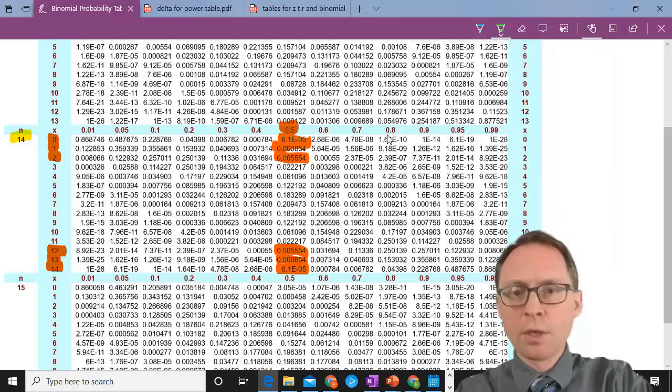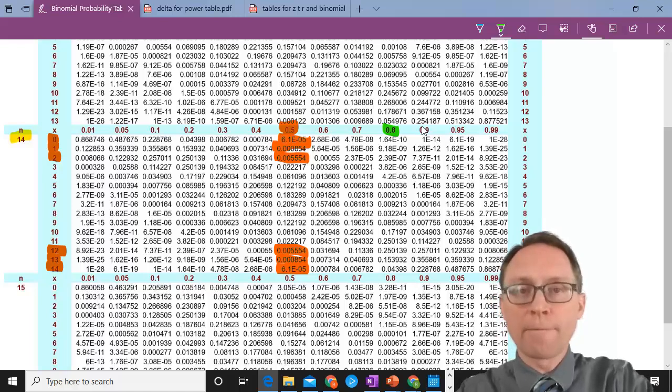Now, if we are correct, then that means 80% of psychology majors will volunteer. And so all we are doing is calculating the probabilities of the values that we can reject the null hypothesis. So 0, 1, and 2, 12, 13, and 14.